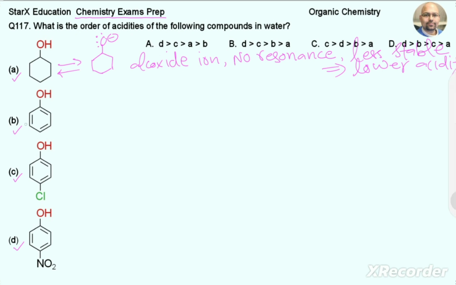Now let's draw the conjugate base of phenol. So the phenoxide ion can undergo resonance. Let's draw the resonating structures for the phenoxide ion.